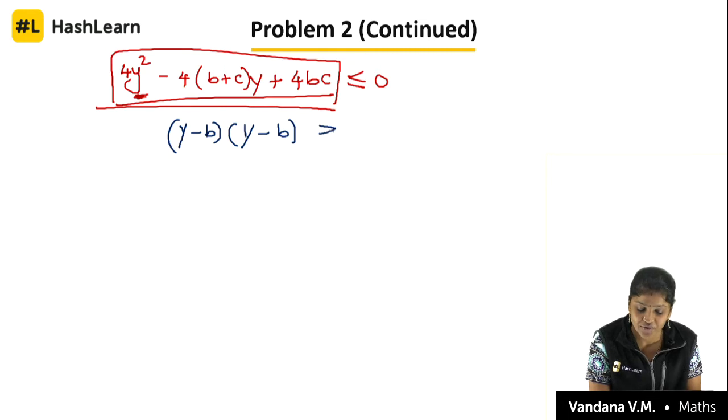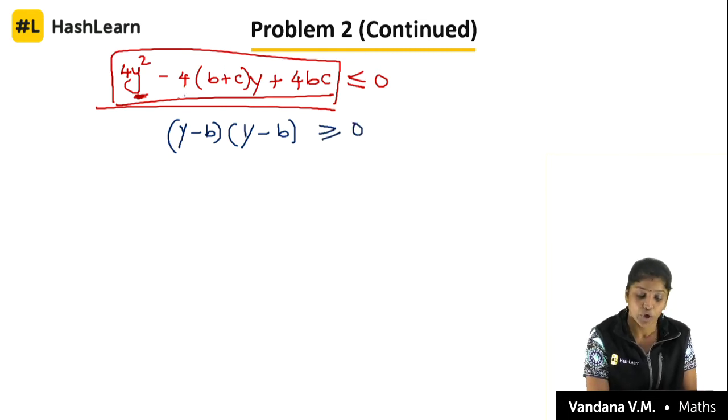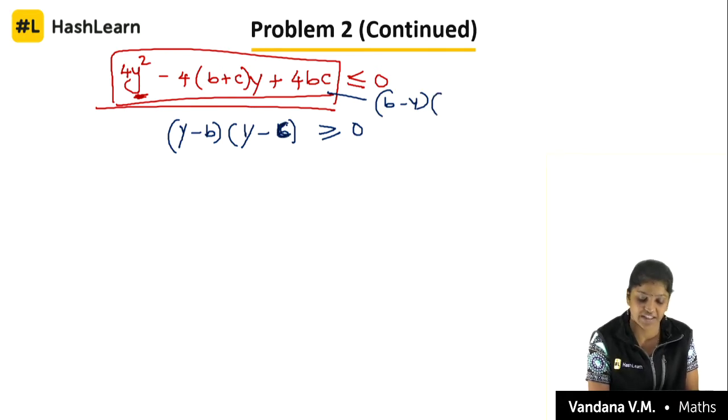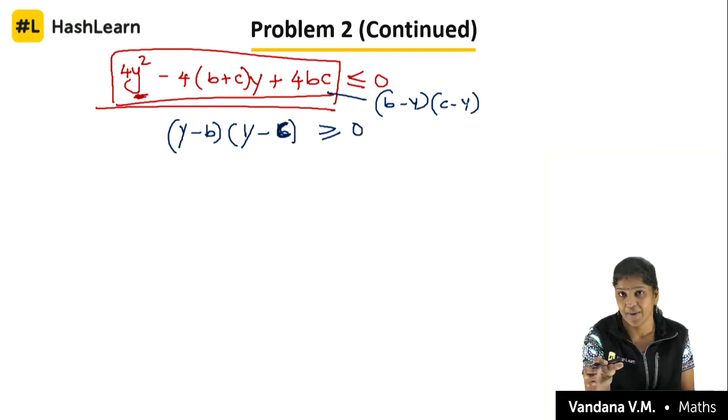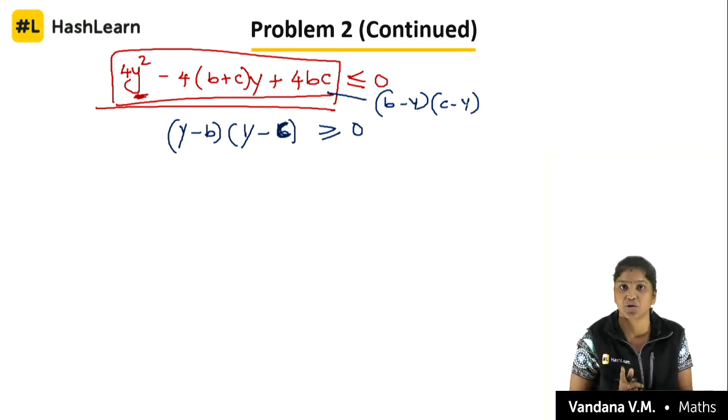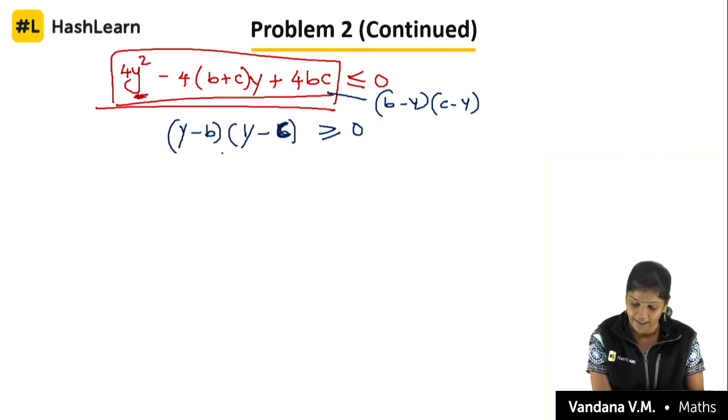So it gives you greater than or equal to. You will get the roots as (y minus b) into (y minus c). Whenever I am multiplying with the minus, the symbol will change over there. So less than will become greater than. Clear? Now I will get the values greater than or equal to 0.